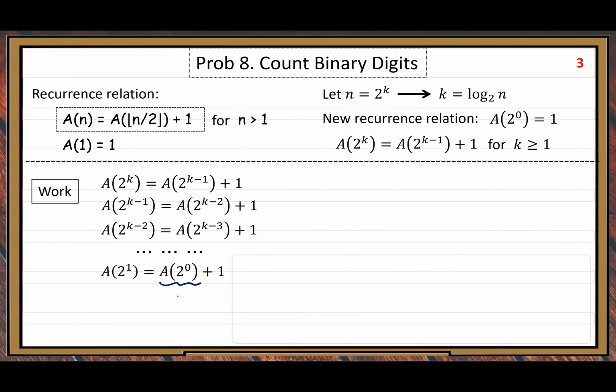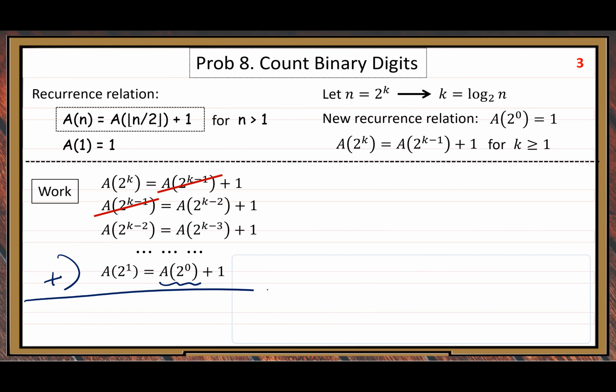Okay, all right. Now, with this sequence of equations, we just add them up and do cancellation as much as we can from both sides.